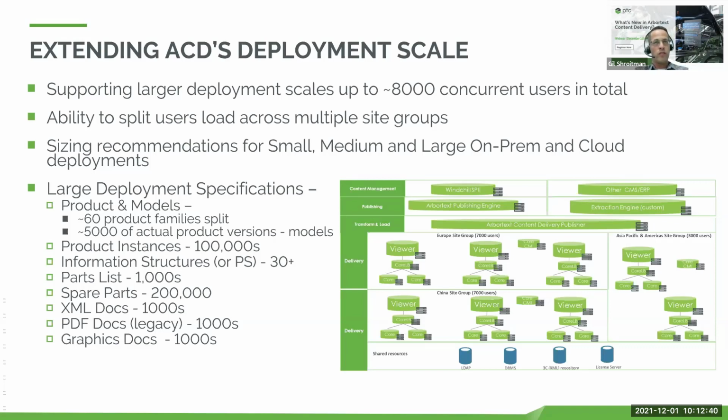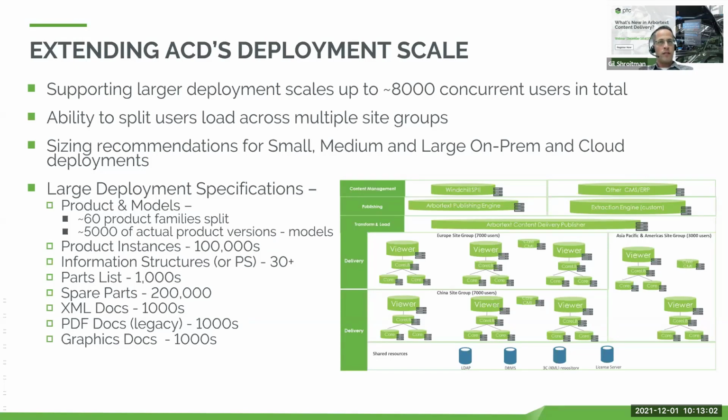We also introduced best practices and specific deployment specs for small, medium, and large on-prem or cloud deployments that will allow you to set up your deployment in the most optimal way to achieve the best delivery results.